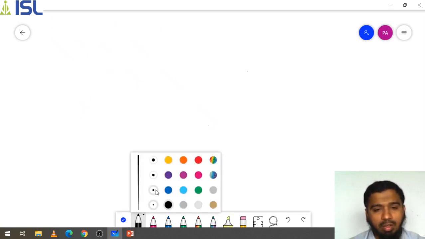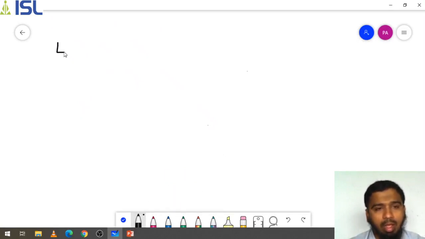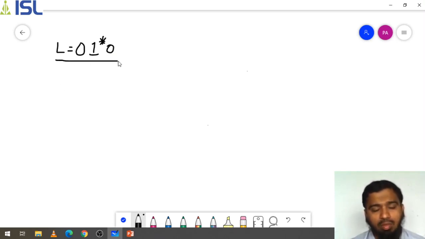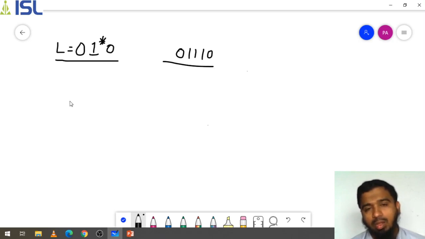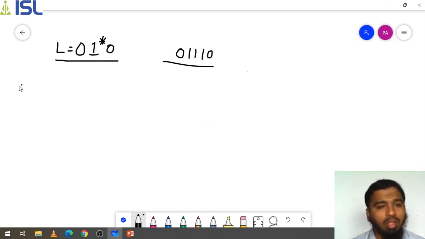L is equal to 0 1 star 0. Okay. So, here when we have this, we need to take the input string. I am taking the input string like this, and I want to solve this problem with the Turing machine, TM.